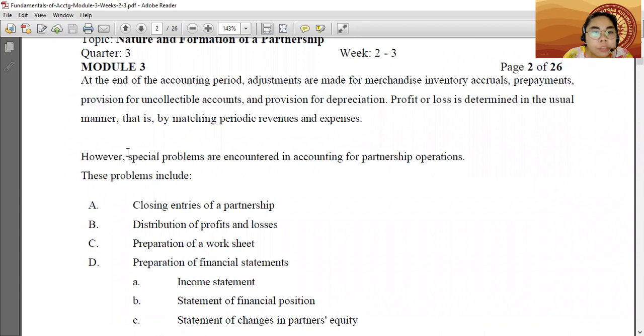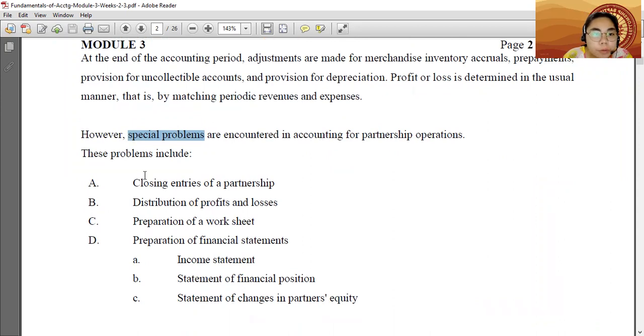We have special problems that are encountered in accounting for partnership operations. Number one is closing entries of a partnership, or how we close the books of a partnership at the end of the reporting period. Second, distribution of profits and losses. We have two or more partners, so how do we record the distribution of profits and losses based on what has been agreed on in the articles of partnership?